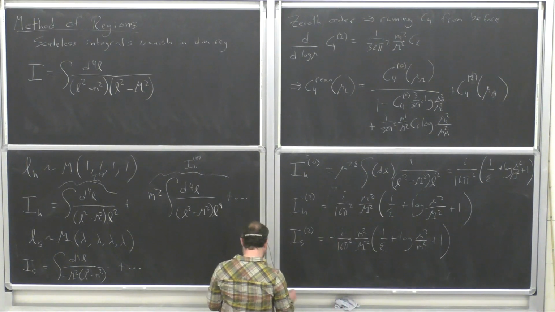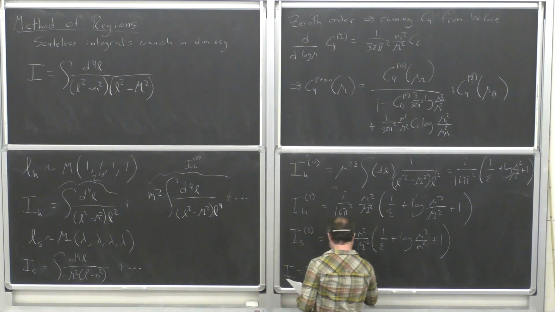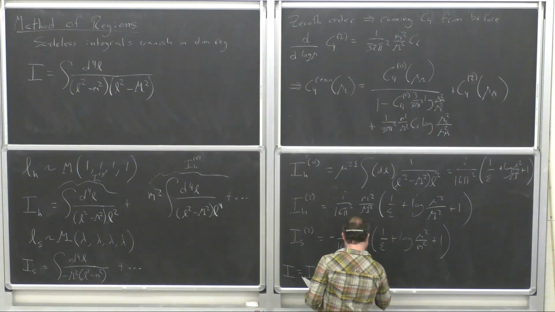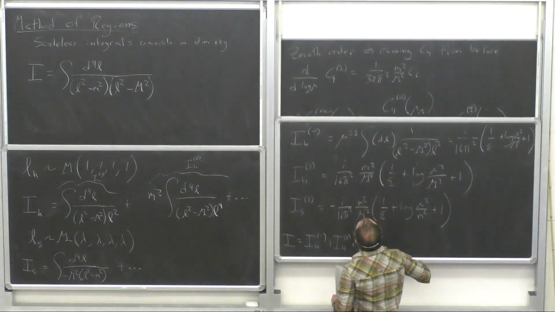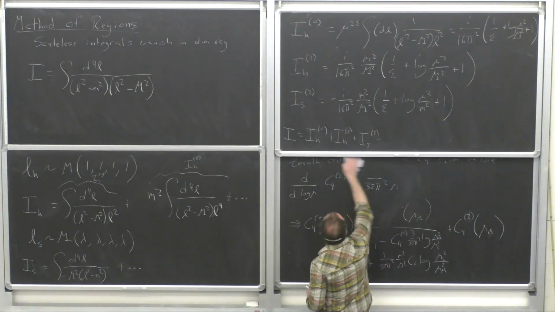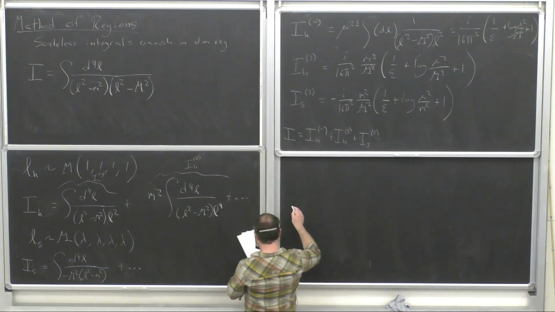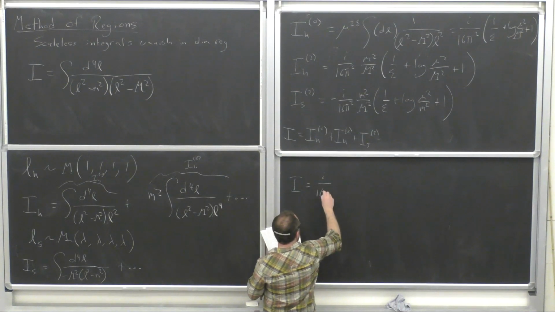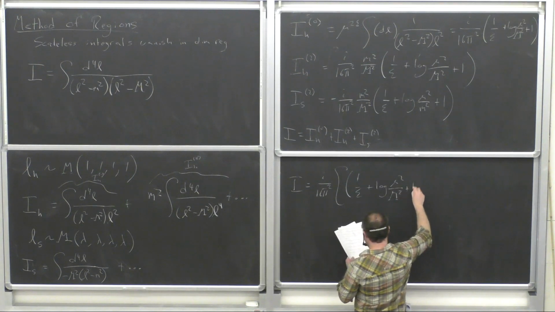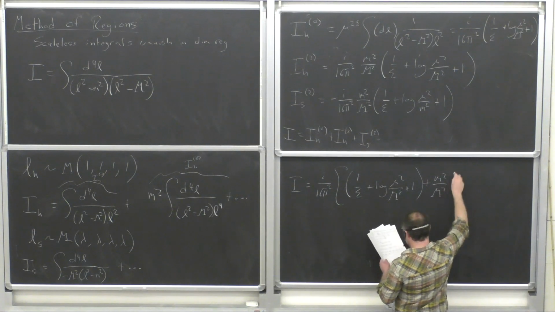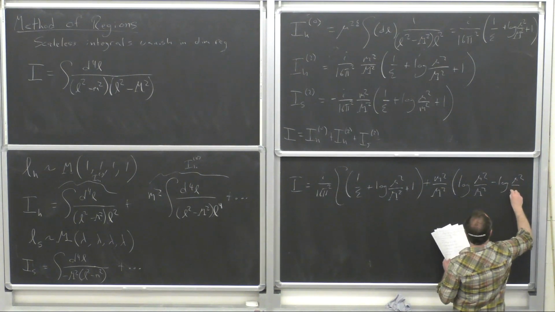Okay? So if we put all of this together, we get I is i over 16 pi squared times 1 over epsilon plus log mu squared over capital M squared plus 1 plus M squared over capital M squared, log mu squared over capital M squared minus log mu squared over little m squared.